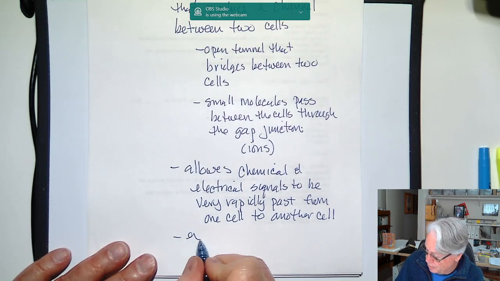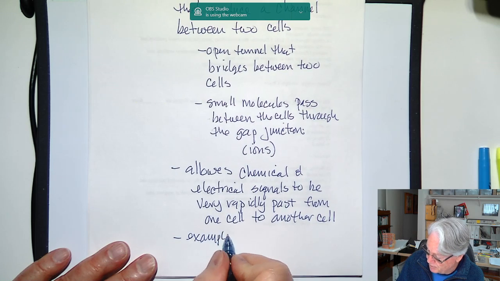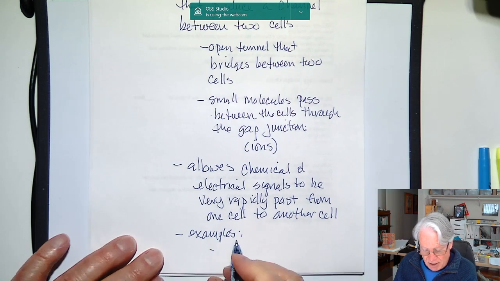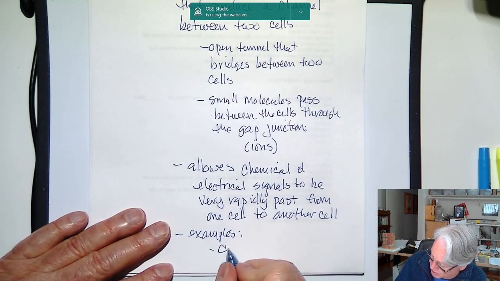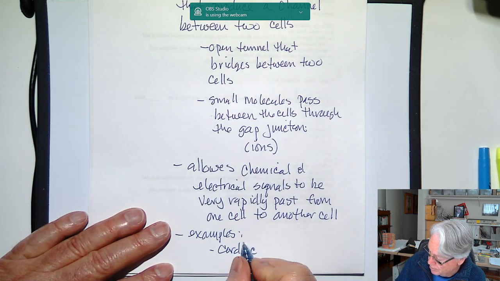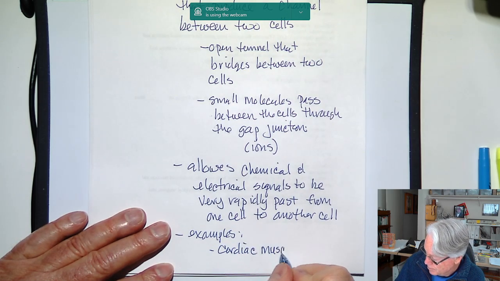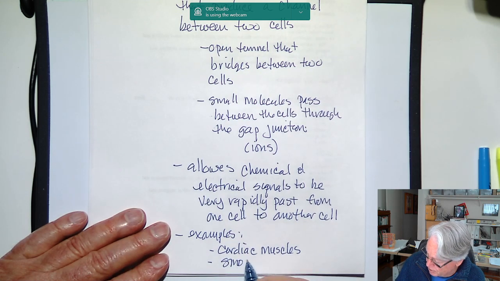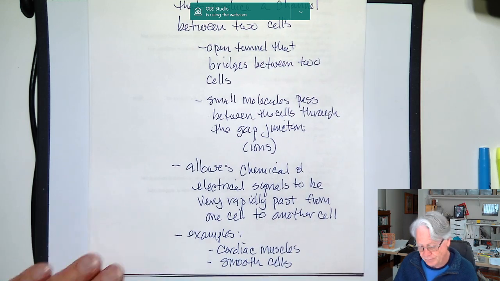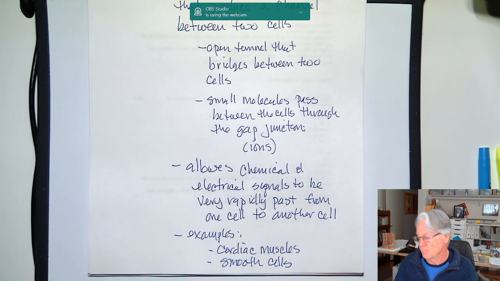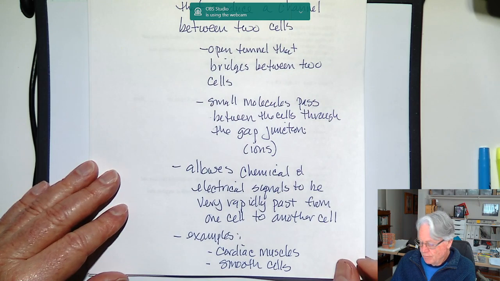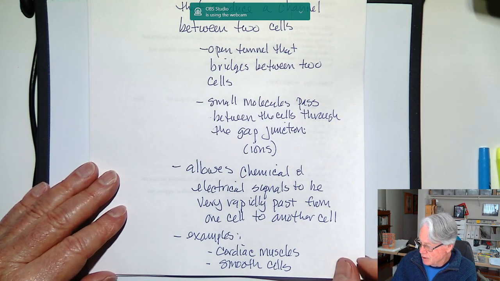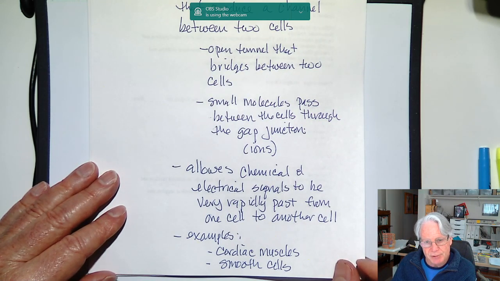We're going to do a couple of examples. Cardiac muscle tissue. We also have this connection in certain areas between smooth muscle cells. Okay. And this is a very easy thing for us to draw, which we're going to do now.